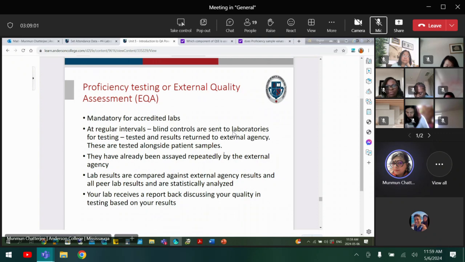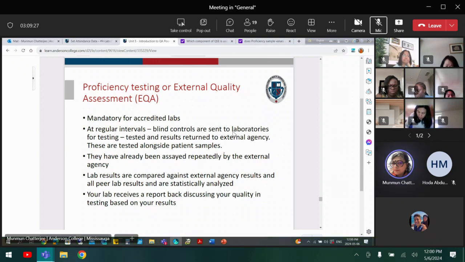The controls have already been assessed repeatedly by the external agency, to make sure what the result is. Repeatedly, not one time, not by one person, but by different people at different times.